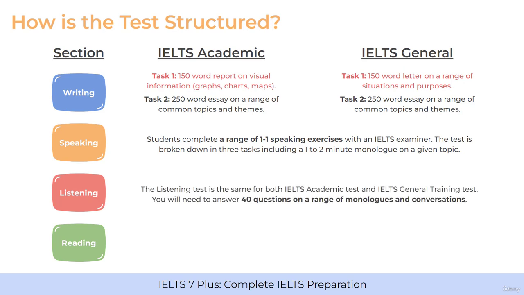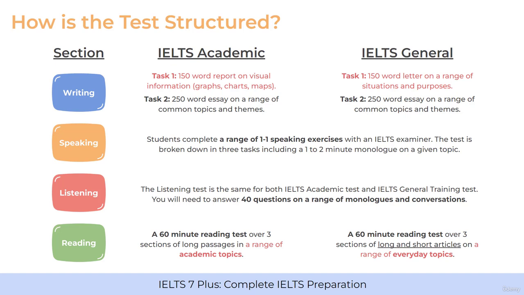Listening is also the same. It's 40 questions and it covers a range of monologues and conversations. The only other difference between the 2 tests is within reading. For IELTS academic, you'll have 60 minutes to read 3 long passages in a range of academic topics from books, newspapers and journals.